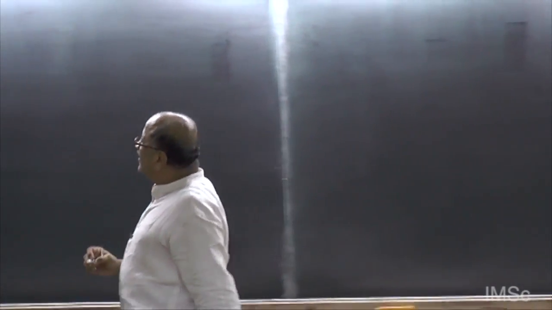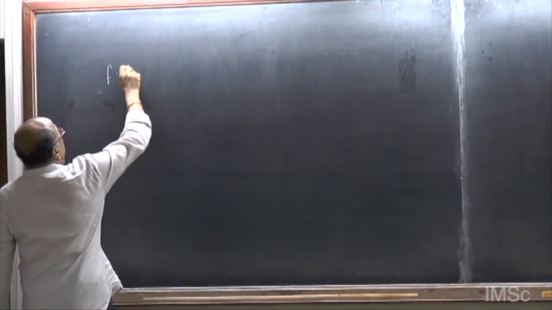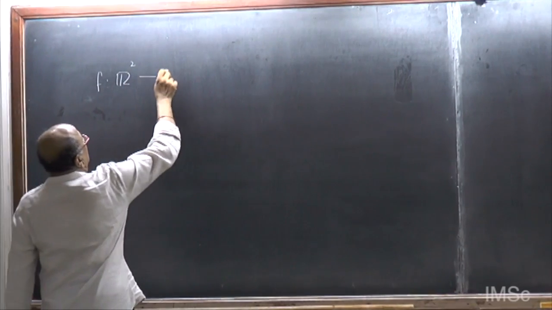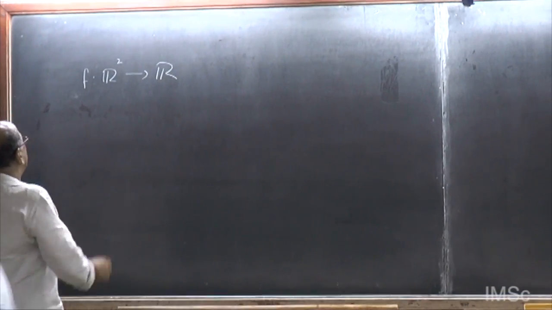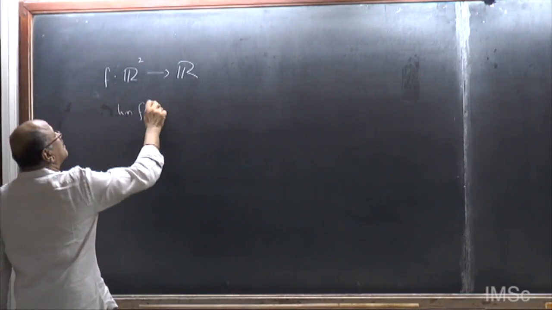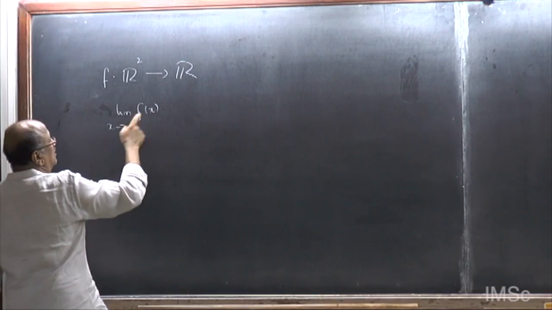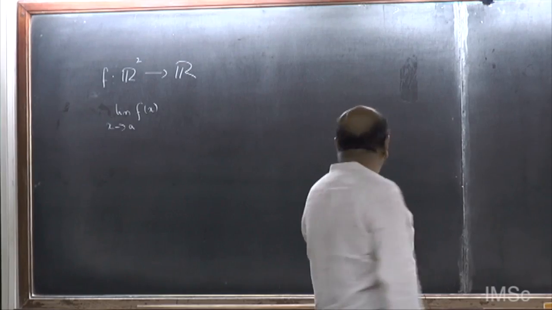So, what do we mean by saying f is, say, from R2 to R, you can think of Rn in general. What do we mean by saying limit of f of x as x tends to a? Here x is now a vector, x1 x2, a is a1 a2 and so on.